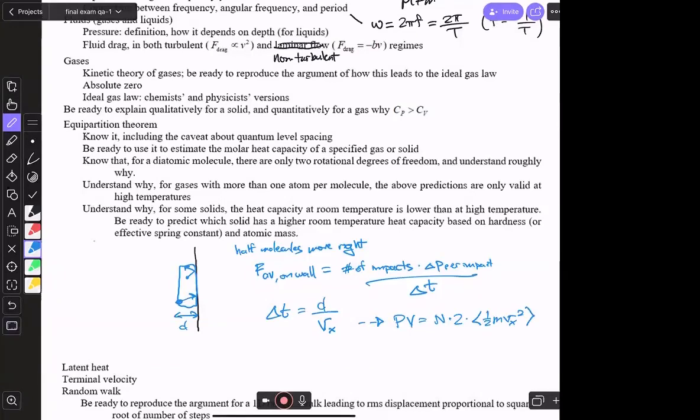And then, this is the part that I want you to look up from that class. Then we use the equipartition theorem to say that the average value of 1/2 m vx squared equals 1/2 kBT. And so the factors of 2 cancel. And so that gives you PV equals N kBT, which is the physicist version.